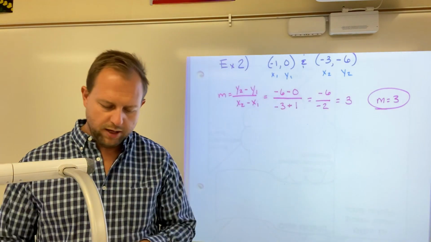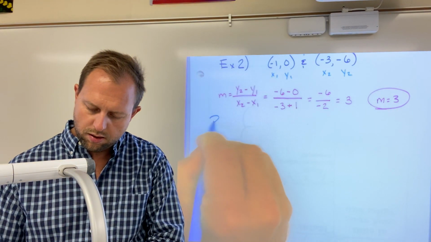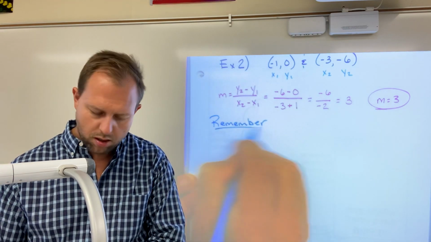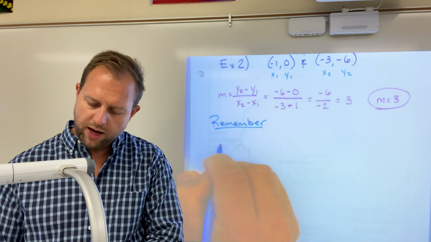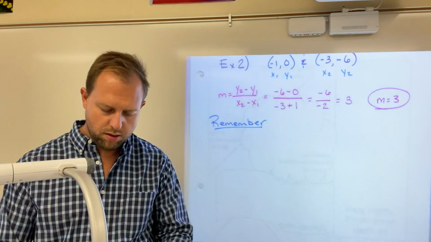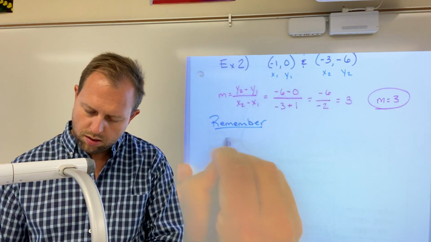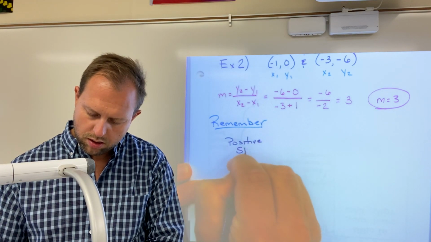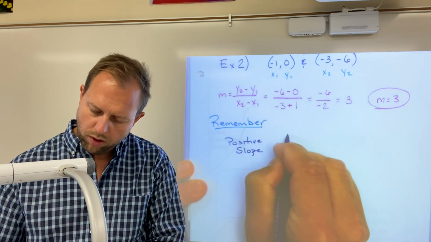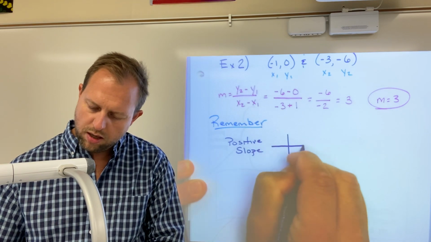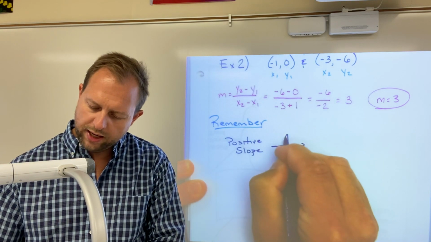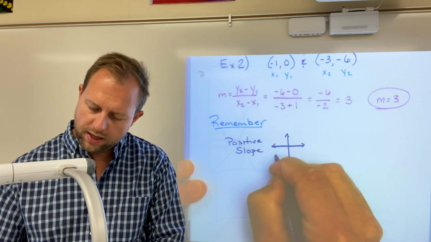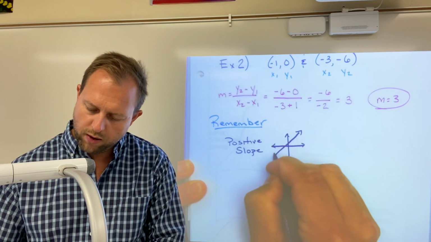Few reminders. Remember that if we have a positive slope, we're going to have our line heading from left to right in an upward direction.